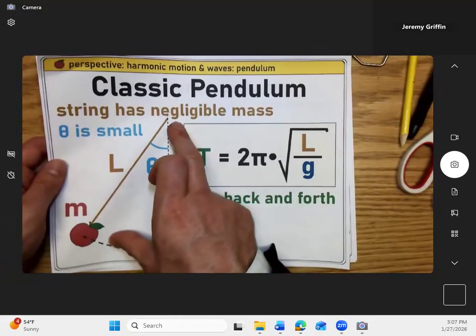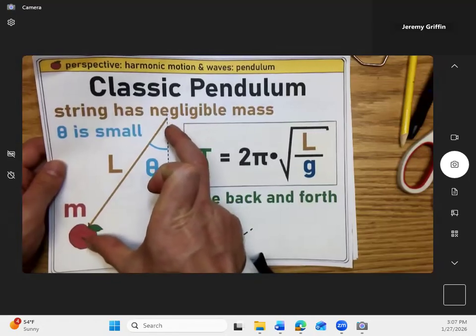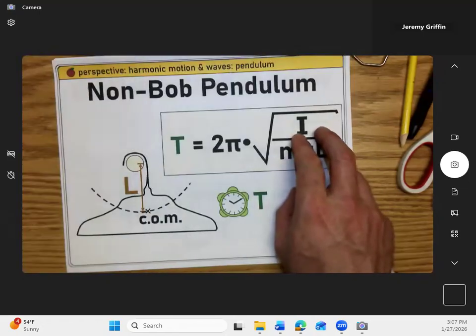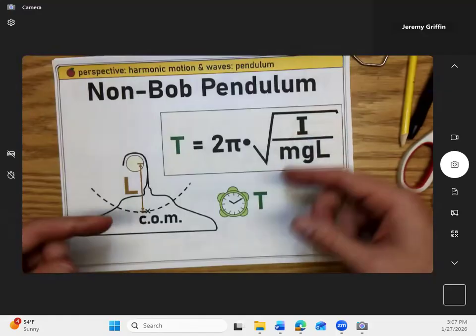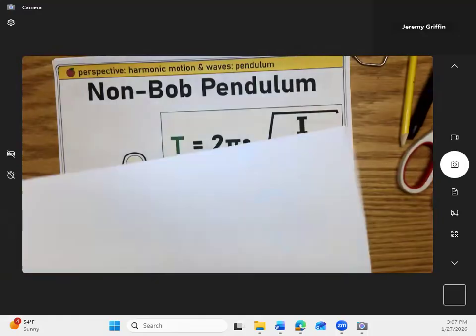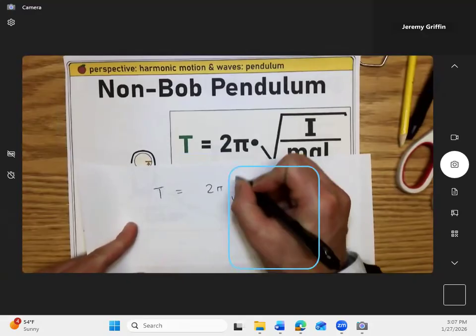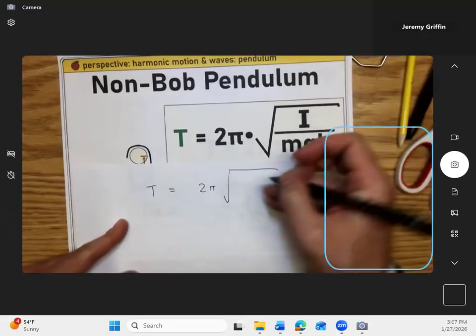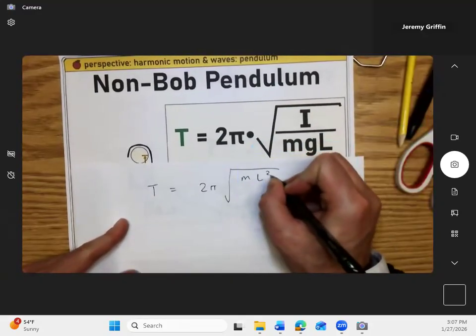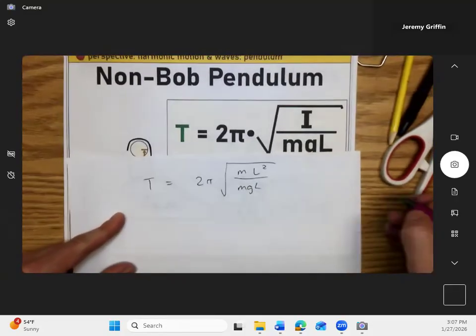You guys remember mr squared for a point mass? In this case, the r is actually the L, isn't it? So in place of this I, can I just do ml squared, and then I can solve this for a classic pendulum? All right, let's try that and see what happens. The time period for a classic pendulum is 2 pi times the square root of, in place of rotational inertia for a point mass, I'll put ml squared. This is mgl. Ah, now what happens?